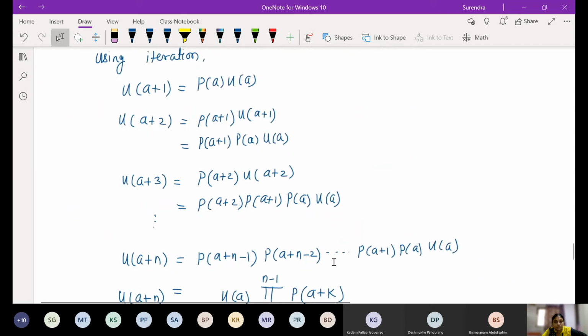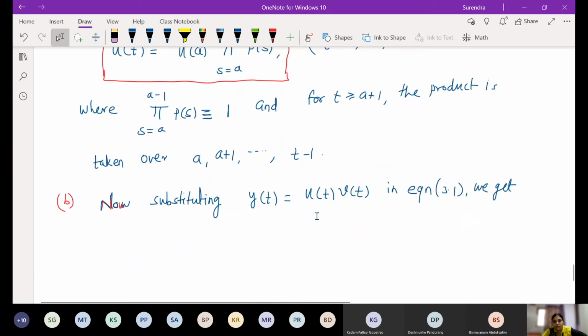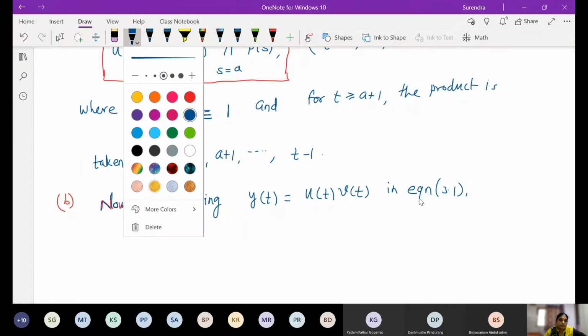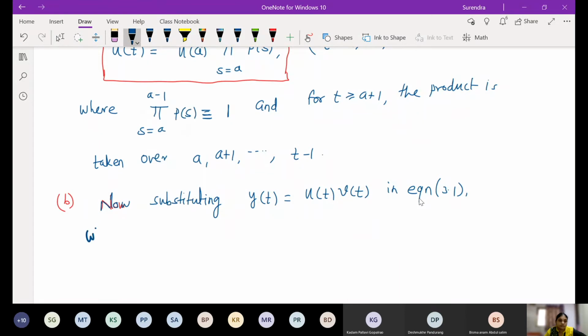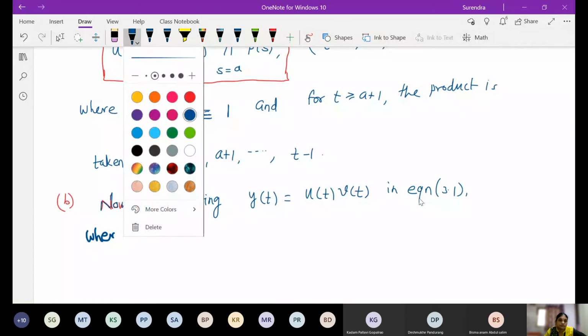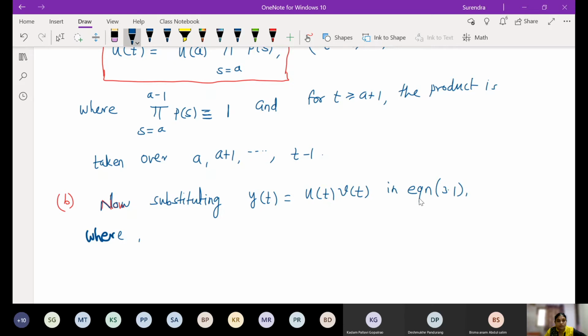But now I want to prove that v t is nothing but this term. Is that okay? So now substituting y t equal to u t into v t in equation 3.1, we need to determine the function v t which satisfies that equation.